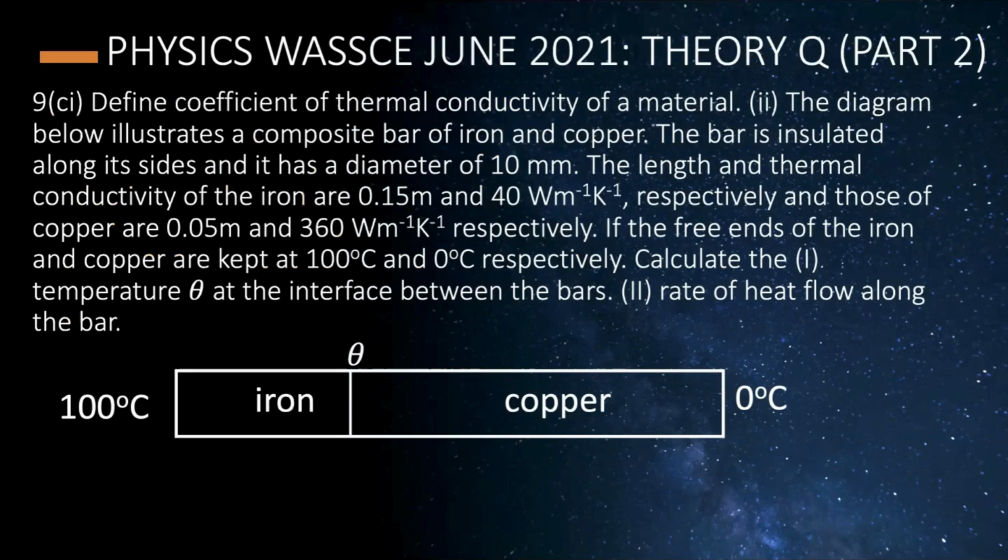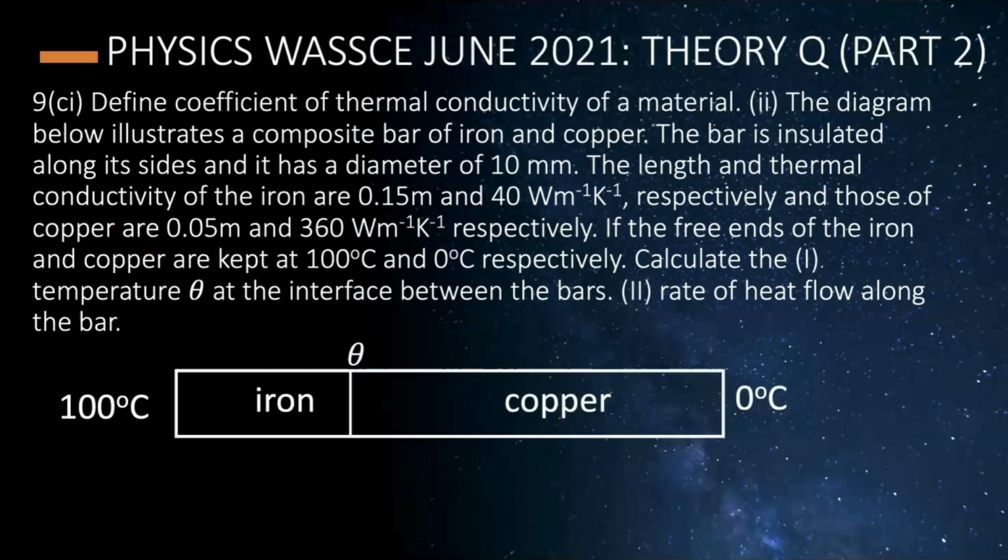So that second question is now referring to this diagram. Now the diagram has two materials, iron and copper, and we are given the parameters for each. They said both sides have the same diameter, 10 millimeters, and the length and their thermal conductivity are also given for each of them.